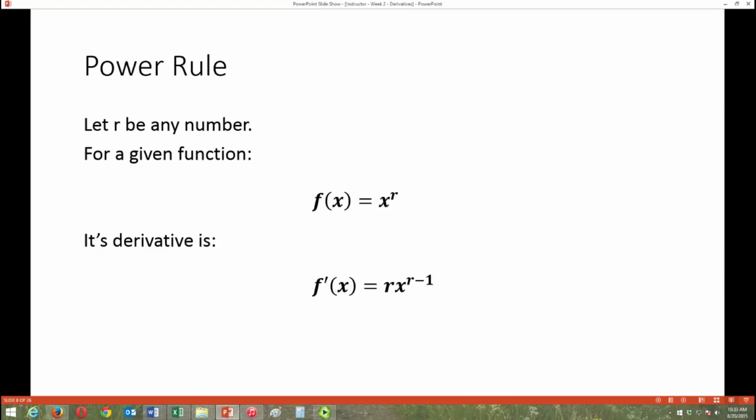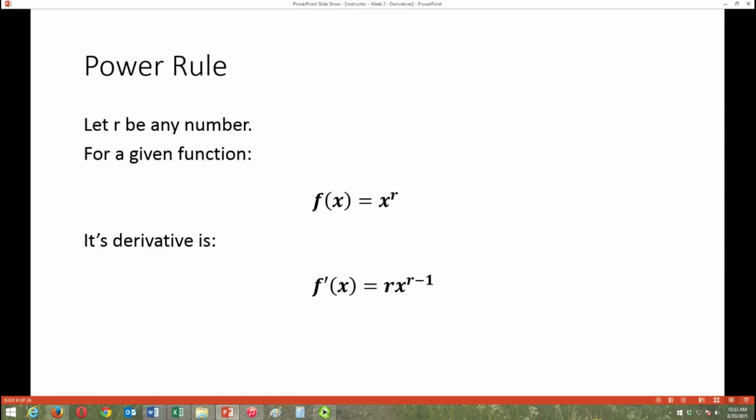We simply bring the number from the exponent down in front of our variable and subtract 1 from our exponent. This follows the patterns we already saw for quadratics, where f of x equals x squared and the derivative f prime of x equals 2x, and cubics, where f of x equals x cubed and f prime of x equals 3x squared.